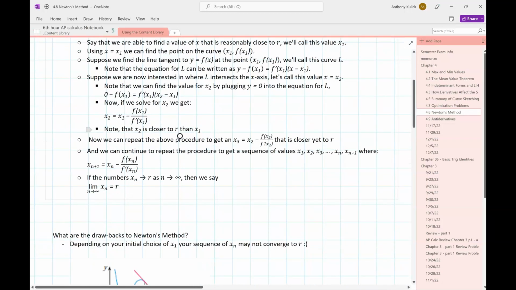Well, this is the formula. The next guess is equal to the previous guess minus f of the previous guess divided by f prime of the previous guess.